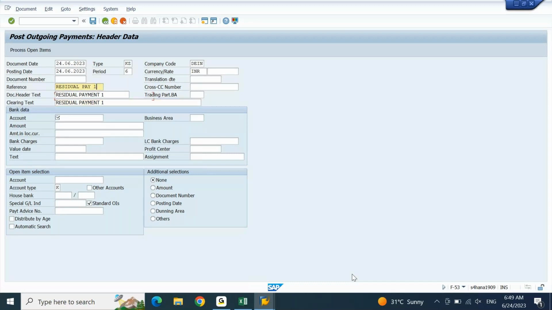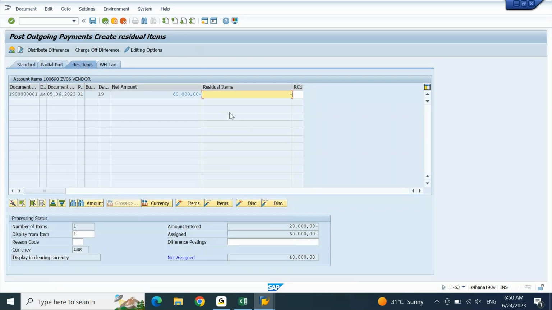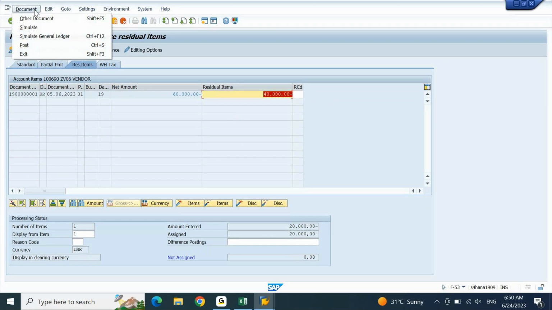I'll put SA. 12, 20,000, profit center, vendor account. Let's go to residual items. Minus 40,000 is the balance amount. Let me simulate.